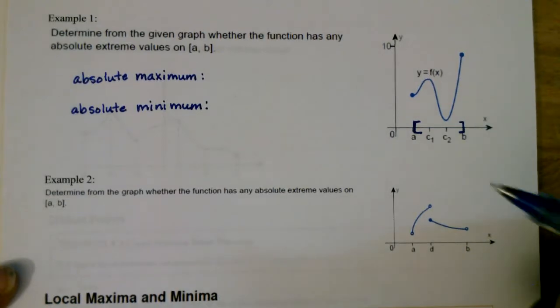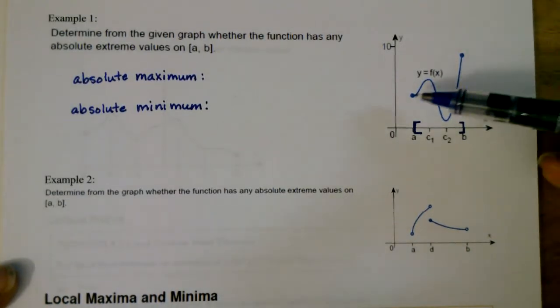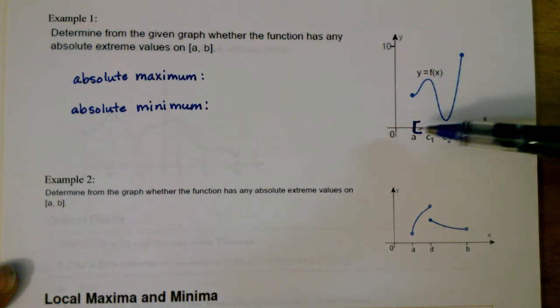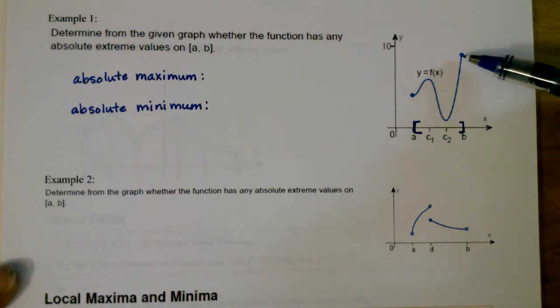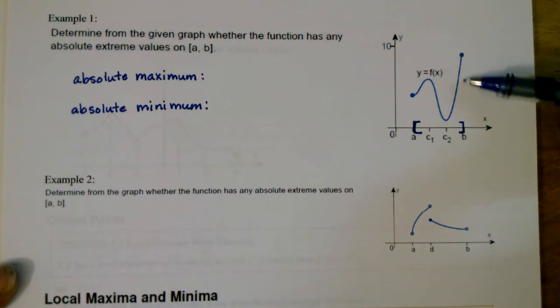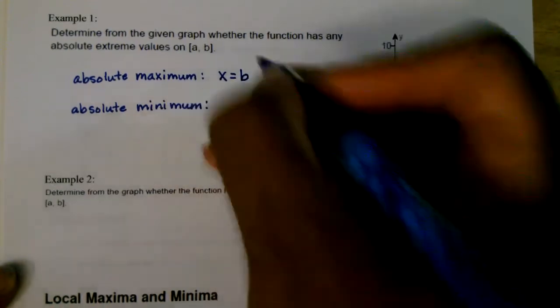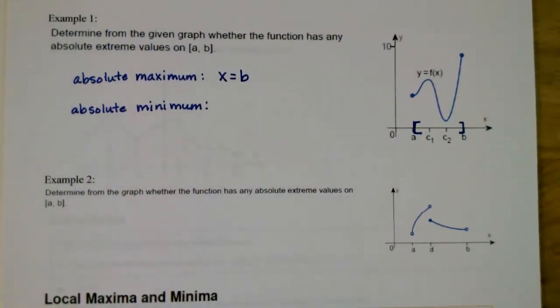All right, in this case here, your absolute maximum, that's going to be the highest point for this graph on the interval [a, b]. And that's going to be this point right here. And that highest point occurs at x equals b. So the absolute maximum would be at x equals b.